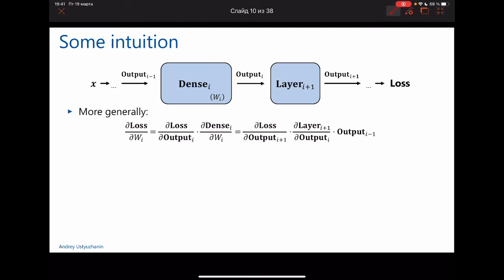A little more detailed description of the process.